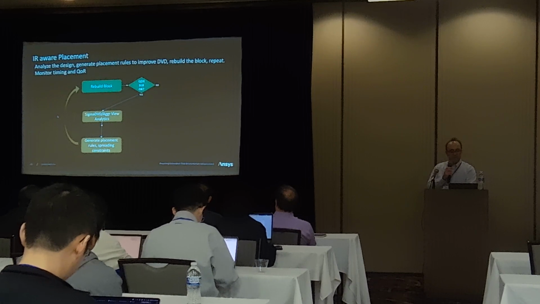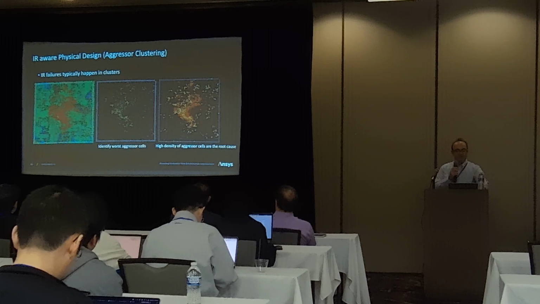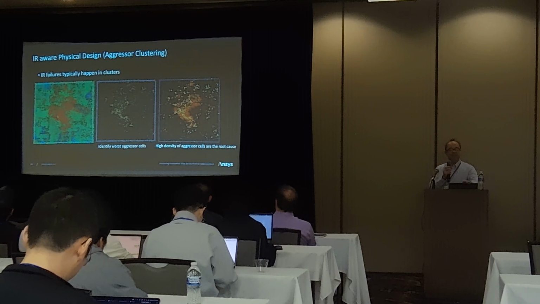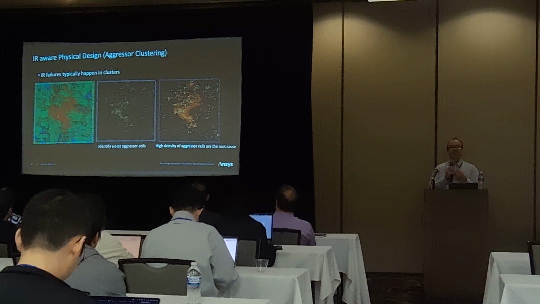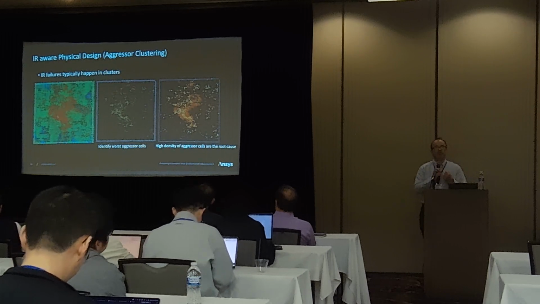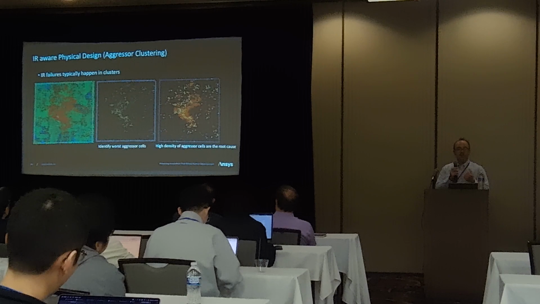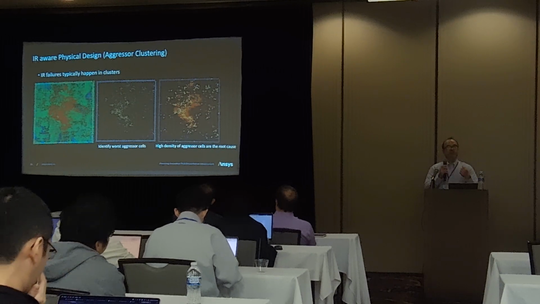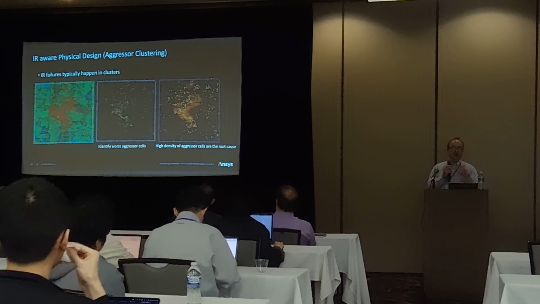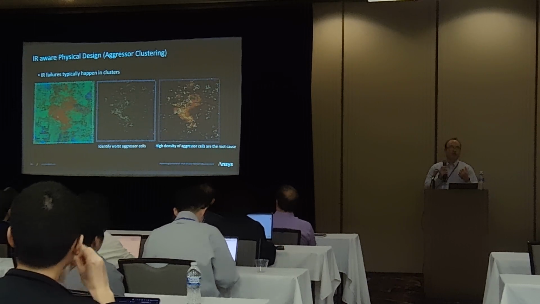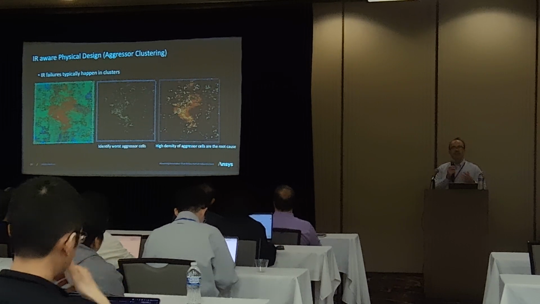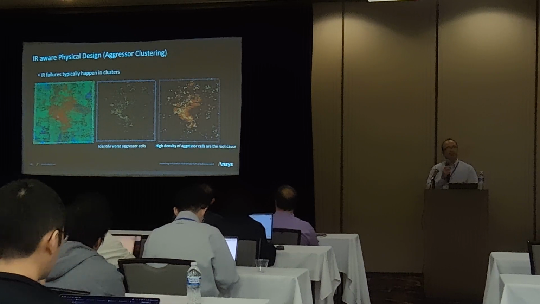In fact, I have a picture. Here we have some hotspots shown on the left, mostly due to nearby aggressors. All these high-current-drawing cells would be latches or MDFs. The IR analysis will tell you that if you spread them out, the hotspots will go away. In fact, we highly reduce them by applying simple spreading rules.